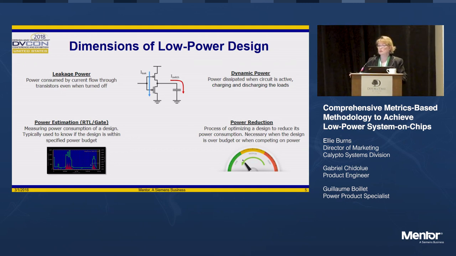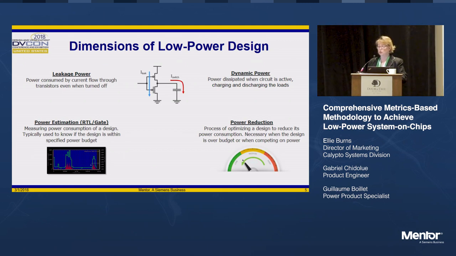In power reduction, there are going to be different techniques to reduce each of these, right? For example, Gabriel will talk about power management. So you are going to be shutting down, or you have DVFS. You have different kinds of techniques to lower the voltage or to turn off the voltage to therefore reduce the leakage power. On the dynamic power side, to reduce the dynamic power, you need to reduce the amount of switching.